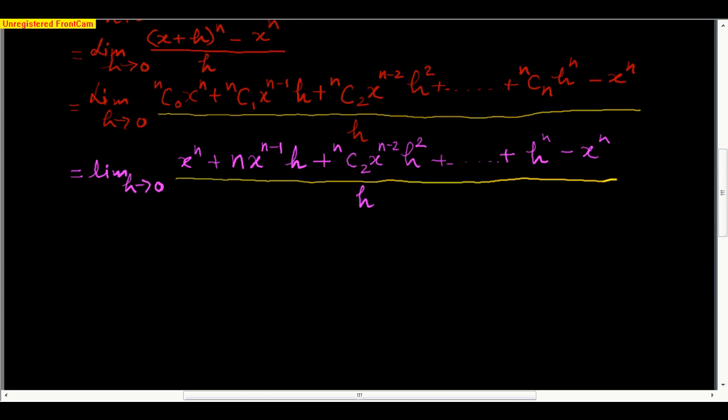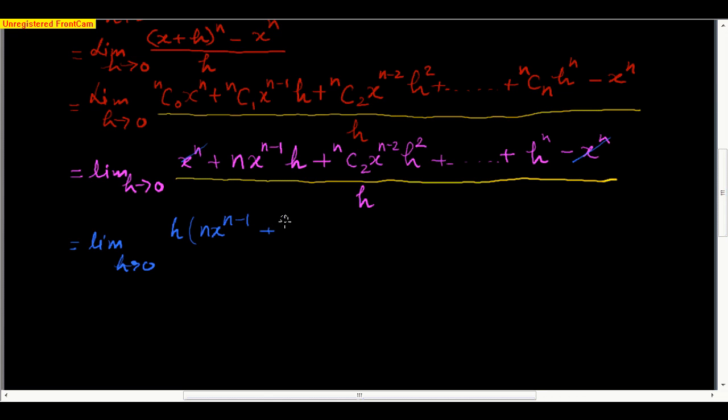Now x power n is positive here and x power n is negative here, so it will eliminate. And this is equal to limit h tends to 0, and we take h common outside in the numerator, so there is h and x power n minus 1 only here, because we have taken h outside.